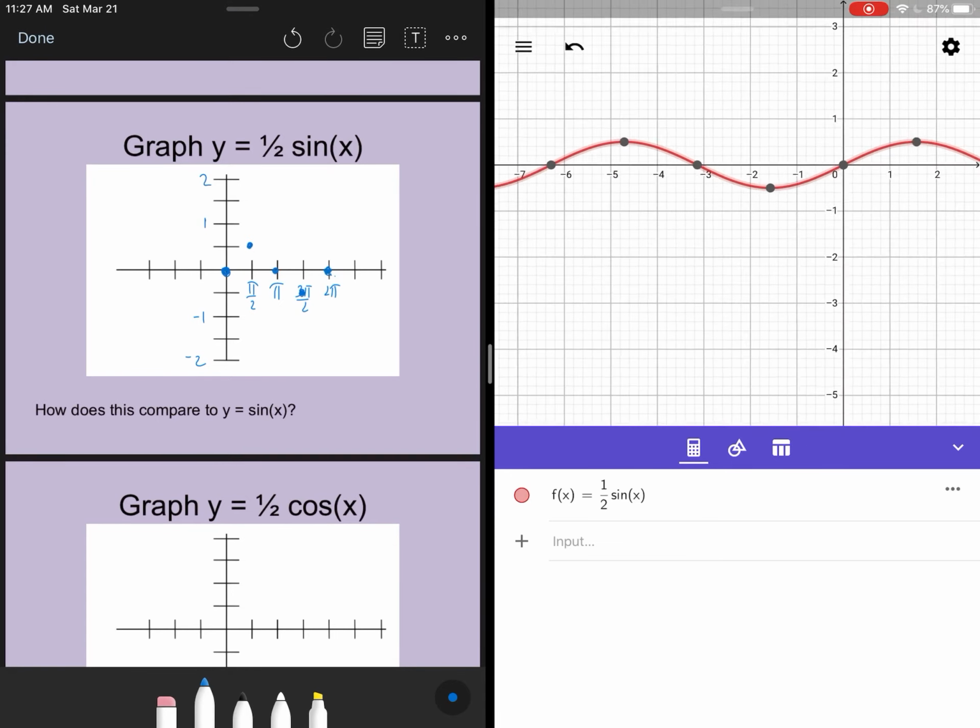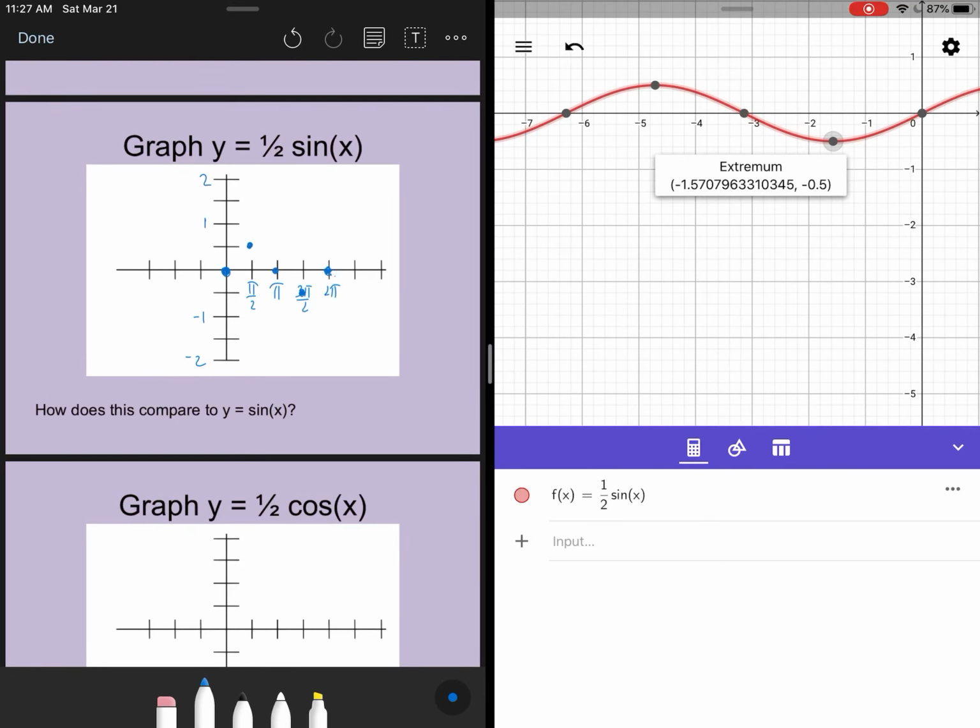Okay, and we're just going to go back in the other direction. When we have negative pi over 2 or negative 90 degrees, we're going to have -1/2. When x is negative pi, it's 0.